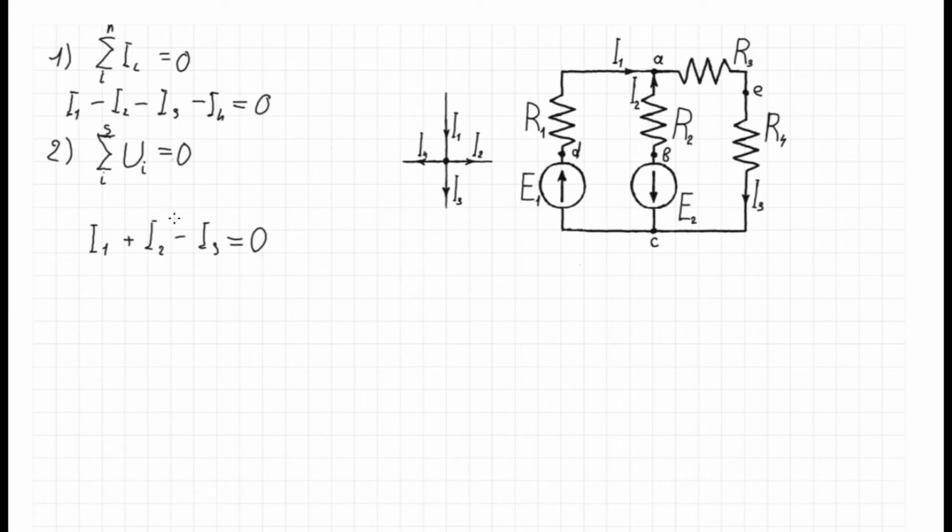The quantity of equations for the second law will be determined by the quantity of branches of this circuit, for this example, and for any circuit it is similar.